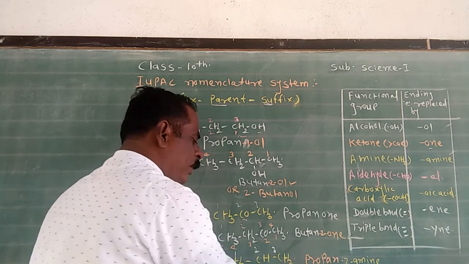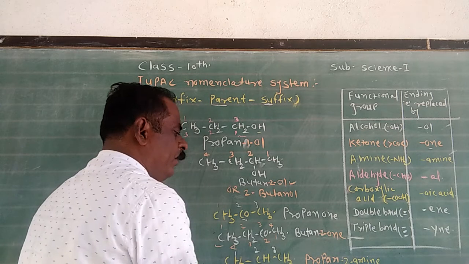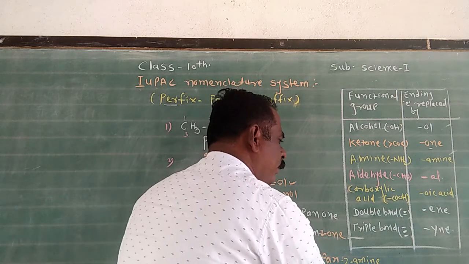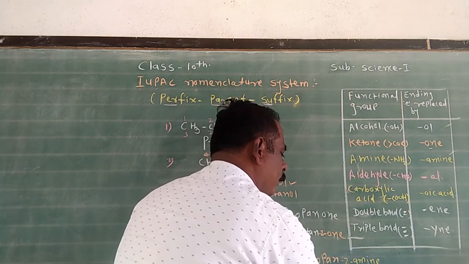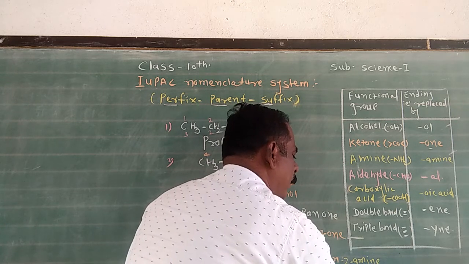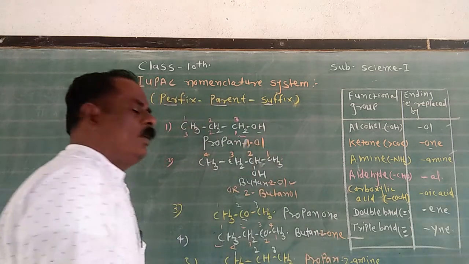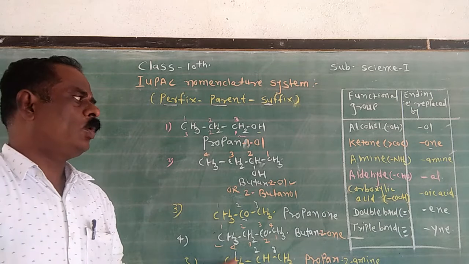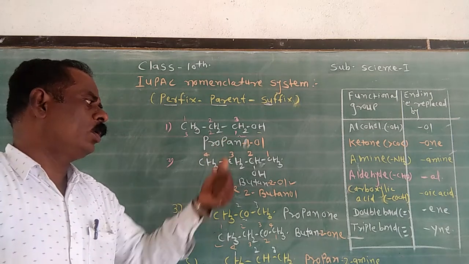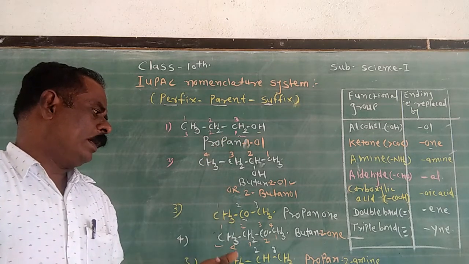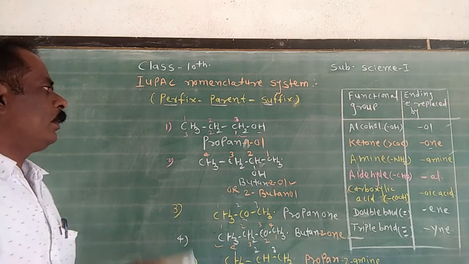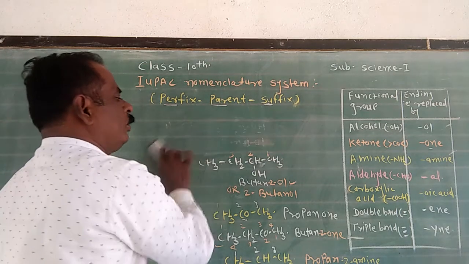NH2 is the functional group, attached to the first carbon atom. Therefore, write butane-1-amine. Understand up to this point how to write the IUPAC name for alcohol, ketone, and amine. Then try to understand the other functional groups.